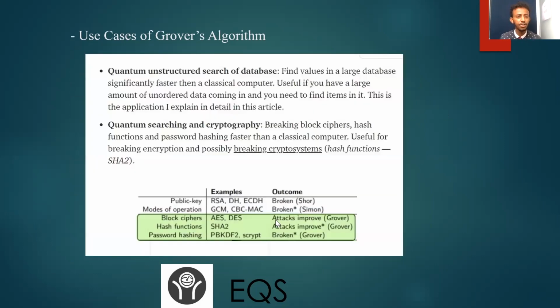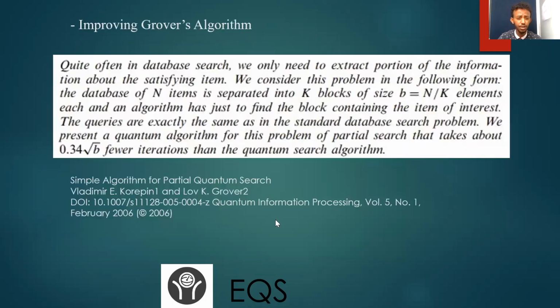I also read that it could be applied to quantum searching and cryptography, because in addition to Shor's algorithm, Grover's algorithm is said to provide search with block cipher hash functions and password hashing in cryptography.